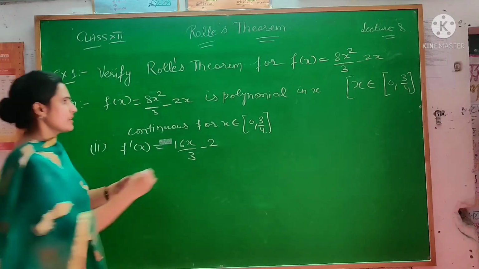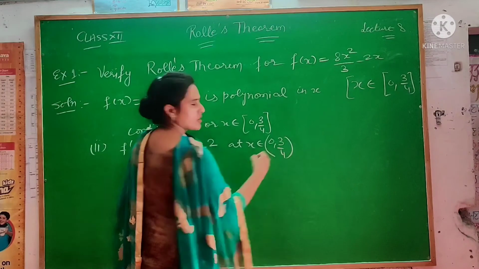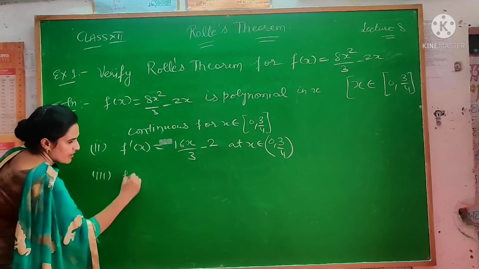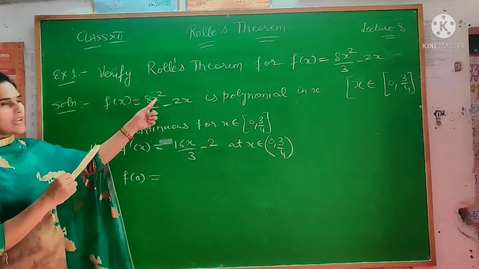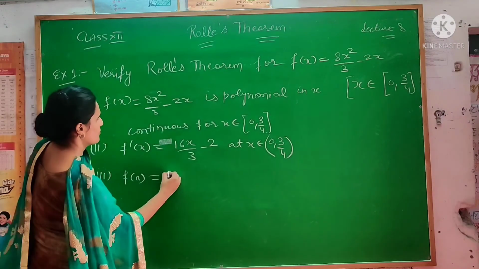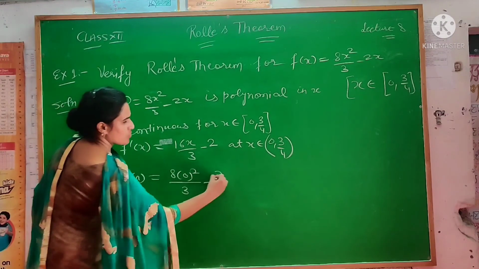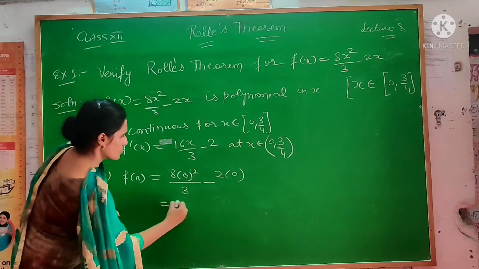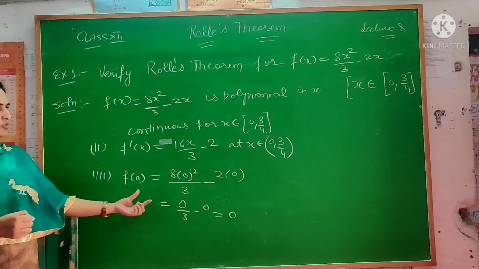So this is differentiable at x belongs to open interval (0, 3/4), and third is f(a). f(a) means put x is equal to a, and a is equal to 0. 8 times 0 square divided by 3 minus 2 multiplied by 0, which is equal to 0/3 minus 0, that is 0, that is f(a) is equal to 0.